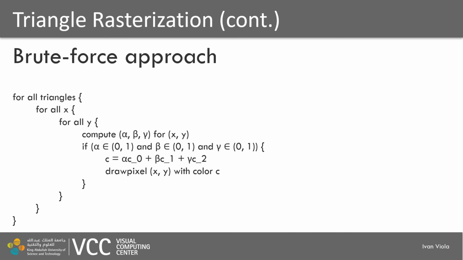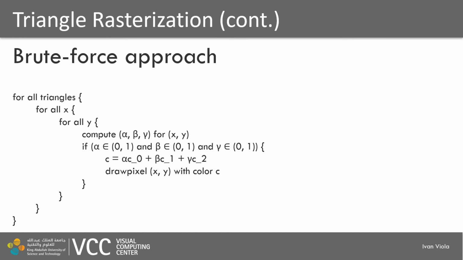Here is a simple brute force approach for how we could perform such a rasterization. It is not an efficient method, and we will be talking about a more efficient method just in a moment. But this one is clean from the perspective of the concept. So for all triangles, we will go through the entire screen, through x and y coordinates, and we will compute for each pixel the alpha, beta, and gamma.